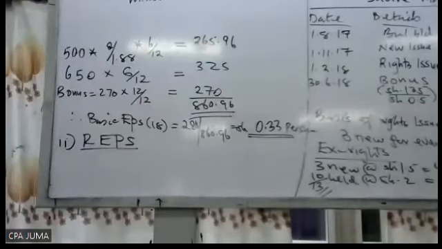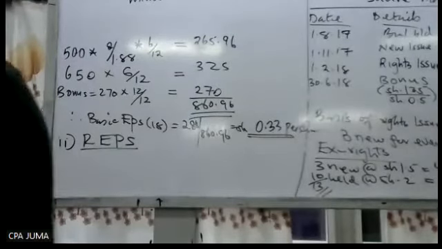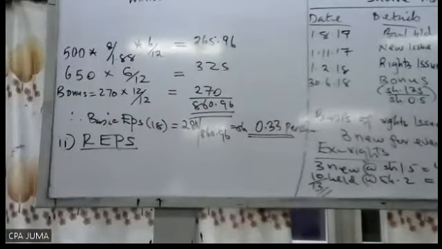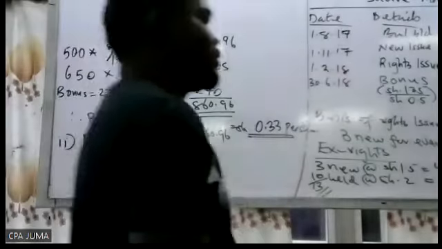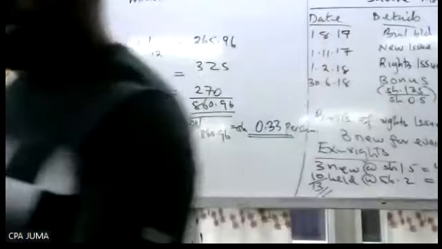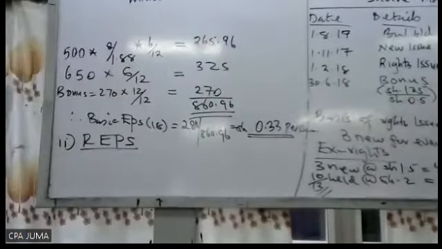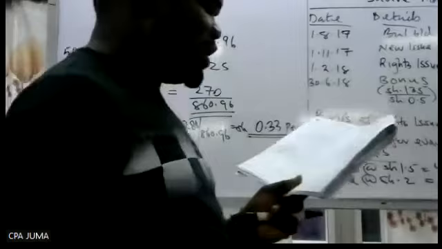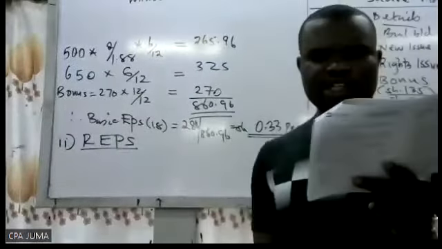Restated EPS, which is Roman 2, the comparative EPS. They have said we are required to restate the comparative EPS for 2017 to be reported in the 2018 financial statements.